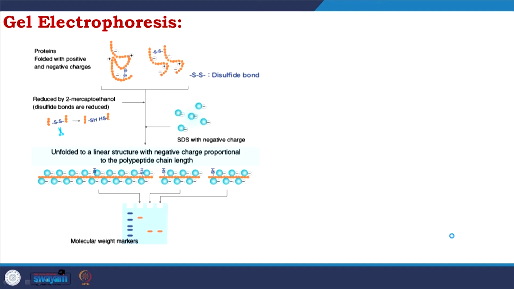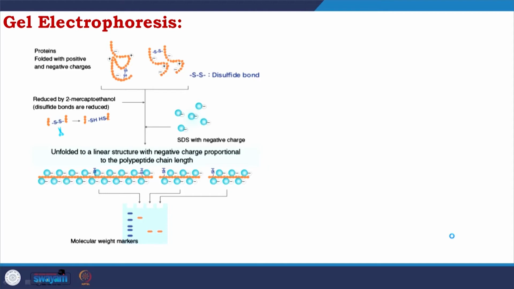So, what is the principle? The protein might have disulfide bond and might have positive or negatively charged surface. So, to reduce the disulfide bond, you add 2-mercaptoethanol and you boil. Also, you add sodium dodecyl sulfate, that is why it is called SDS gel electrophoresis.